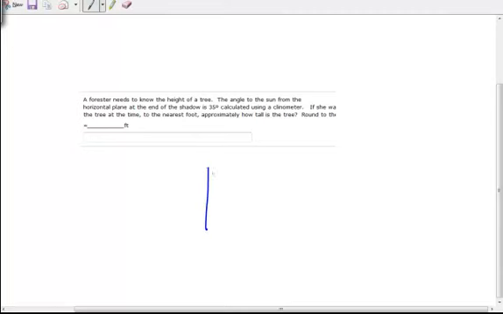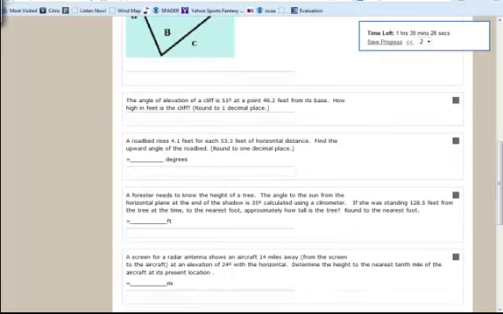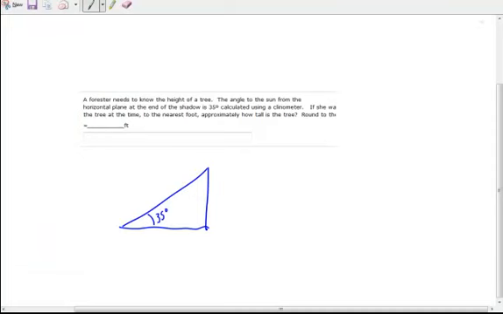There's the tree. The angle of the sun is 35 degrees. I don't have the distance down. We got to get the distance here. If she was 128.5 feet from the tree, how tall was the tree?